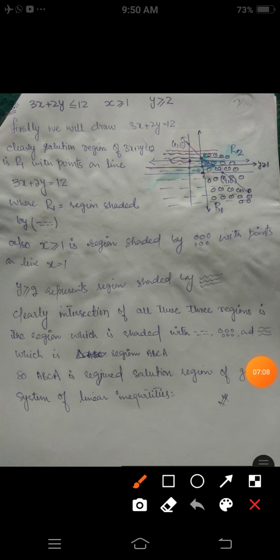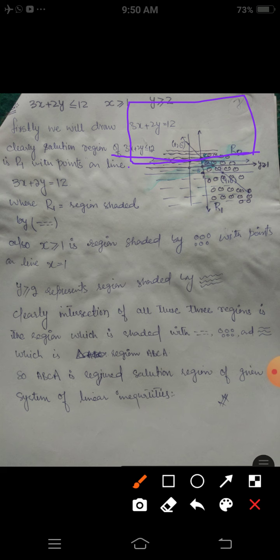Now we have to draw y greater than or equal to 2. Y greater than or equal to 2 means the point is on y equals 2 and above y equals 2, that is this region which is denoted by R2.